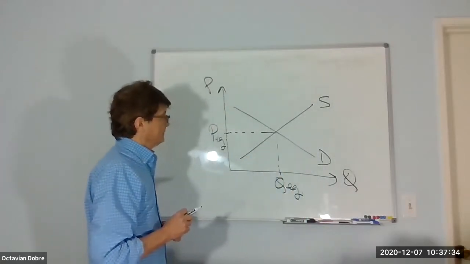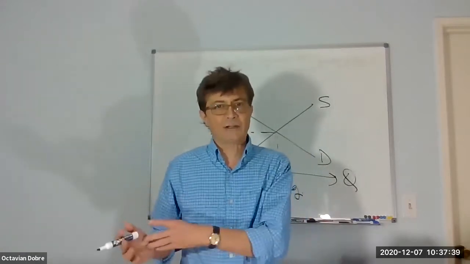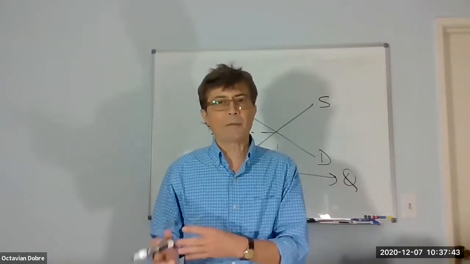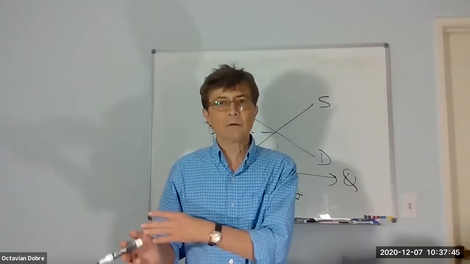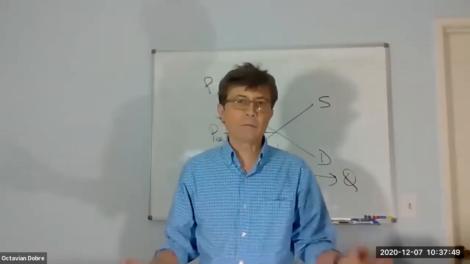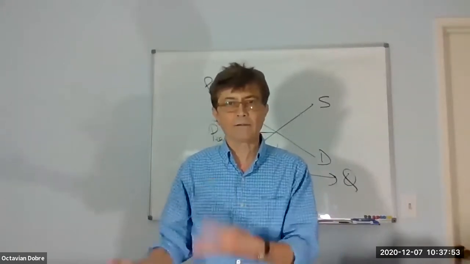Okay, now, if supply changes or demand changes, you're going to be able to determine what happens to both new equilibrium price and new equilibrium quantity. So let's suppose that for whatever reason, the supply of a product increases.